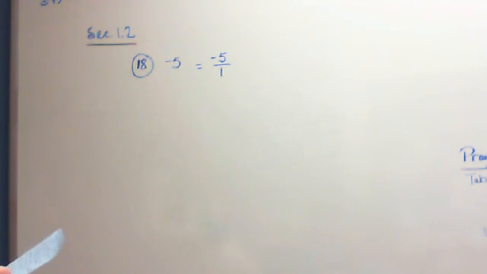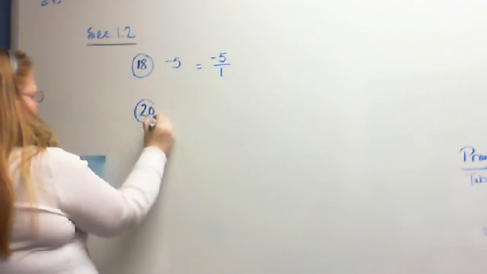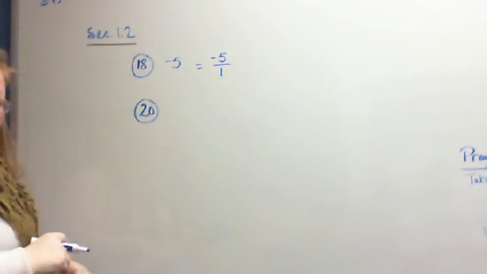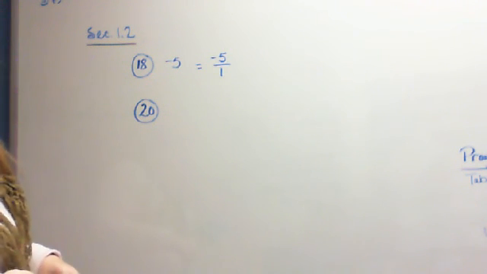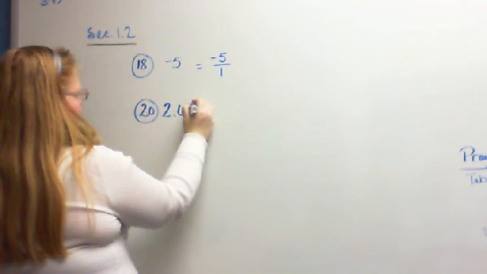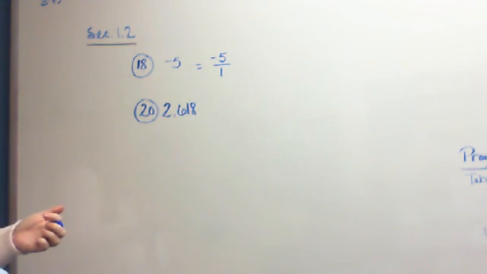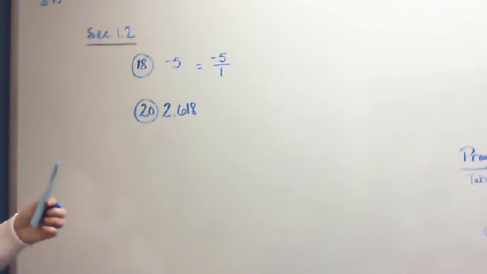The next one is number 20, which is 2.618. They want us to show that this is rational. So in order for us to show that it's rational, once again, we have to show that it can be written as a fraction.